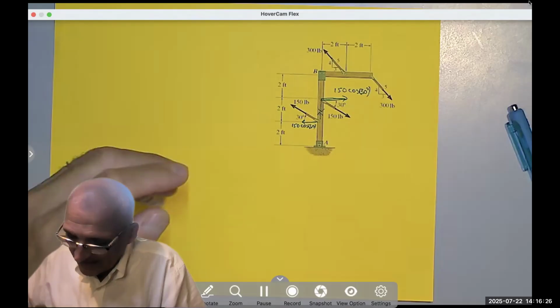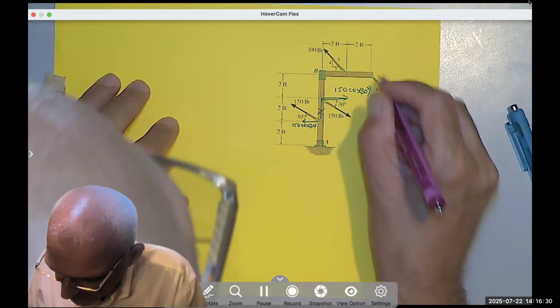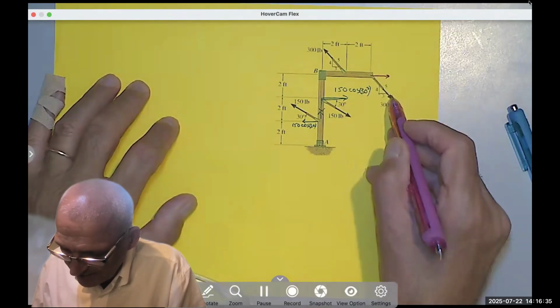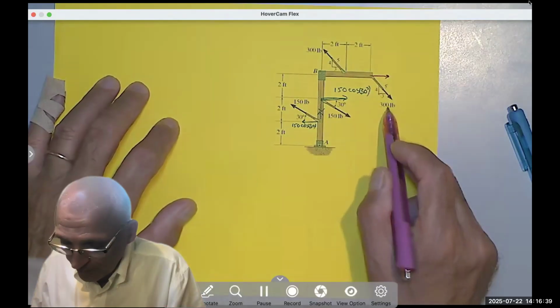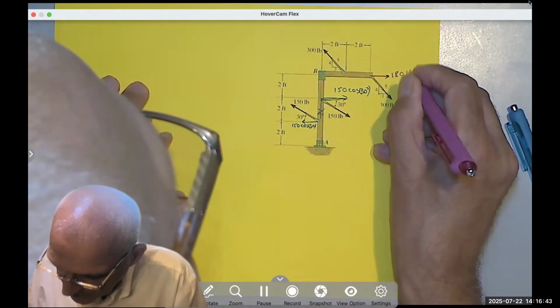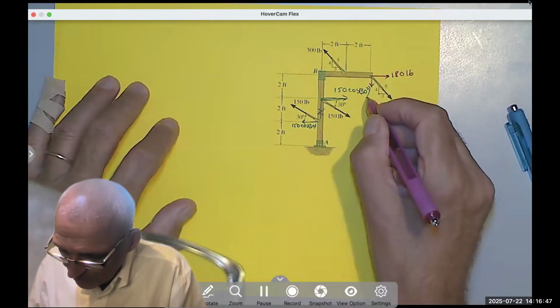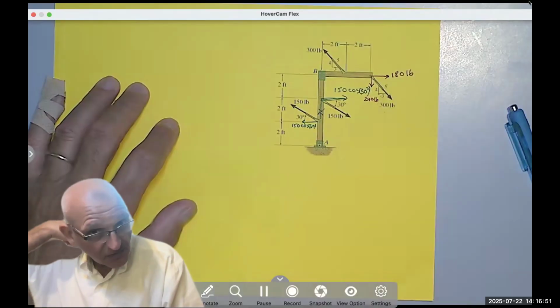Likewise, if I look at the other couple, I resolve this force into a horizontal component. Notice the horizontal is 3, the vertical is 4, the hypotenuse is 5. So 3/5 of 300. 300 over 5 is 60 times 3 is 180. So I have 180 pounds to the right and 240 pounds down, which is 300 times 4 over 5 or 0.8.